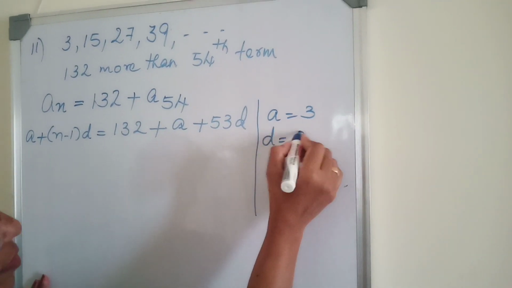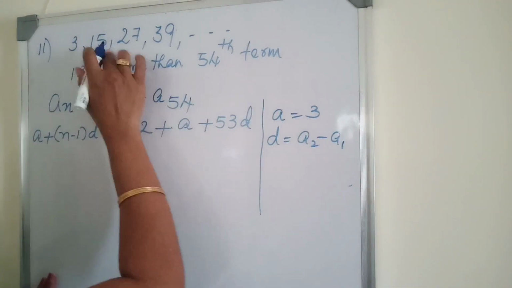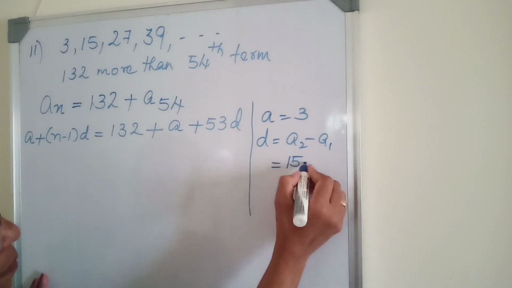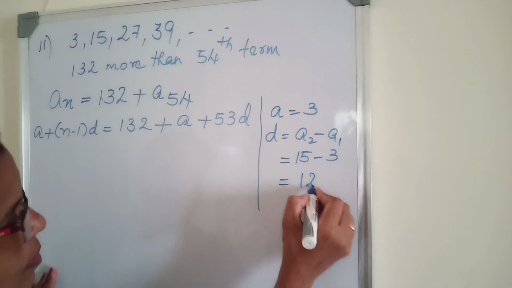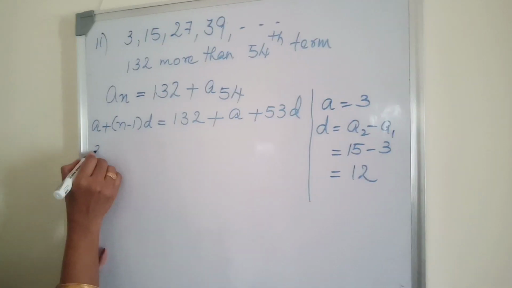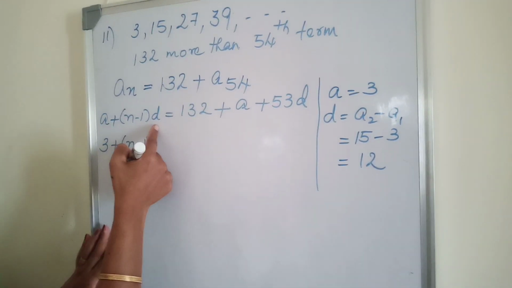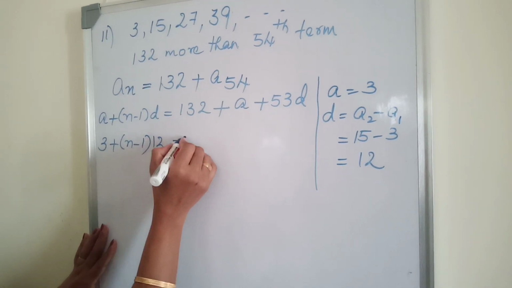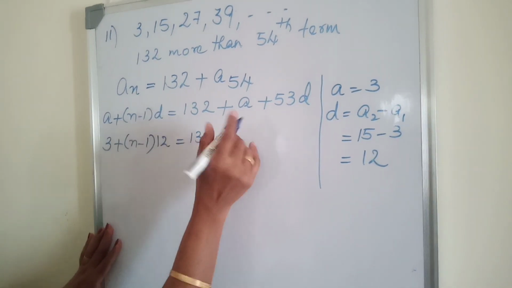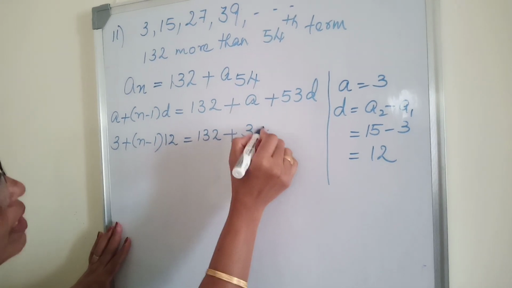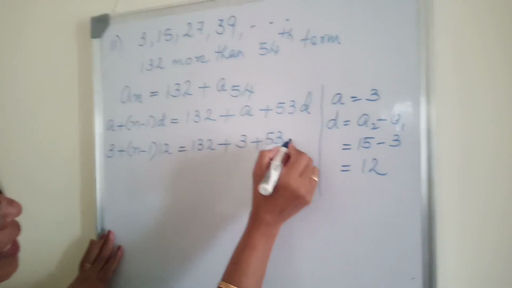D equals A2 minus A1, 15 minus 3. That is 12. So A is 3. D is 12 is equal to 132 plus again A is 3 plus 53 into D is 12.